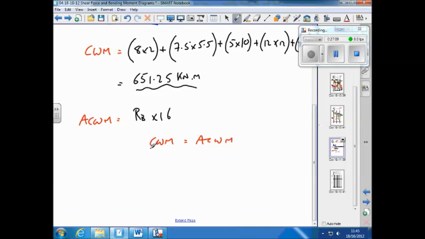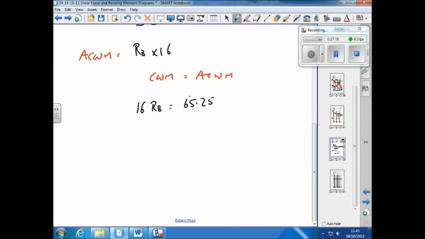So 16 RB equals 651.25. Therefore, RB equals 40.7 kilonewtons.